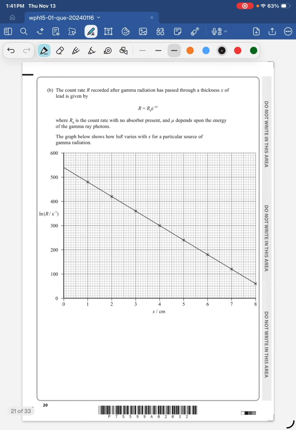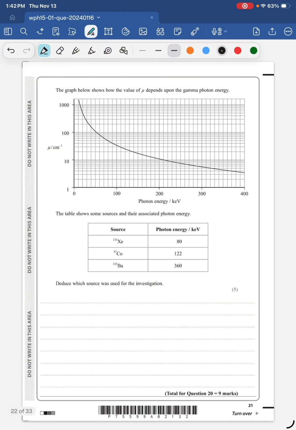Okay? The count rate R recorded after gamma radiation has passed through a thickness X of lead is given by R equals R naught e to the minus mu X, where R naught is the count rate with no absorber present and mu depends upon the energy of the gamma ray photons. The graph below shows how ln of R varies with X for a particular source of gamma radiation.